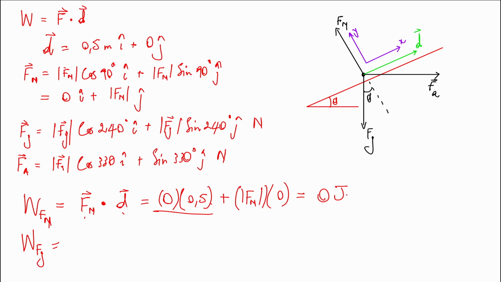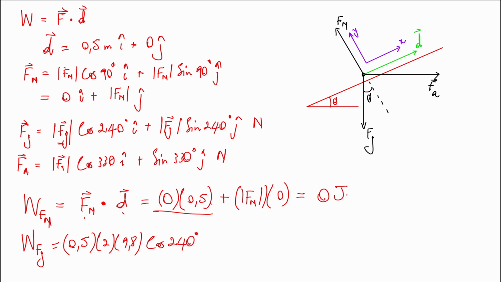So what is this going to be? It's going to be 0.5 times the magnitude of Fg. The magnitude of Fg is simply mg, which is 2 times 9.8, times cosine of 240.